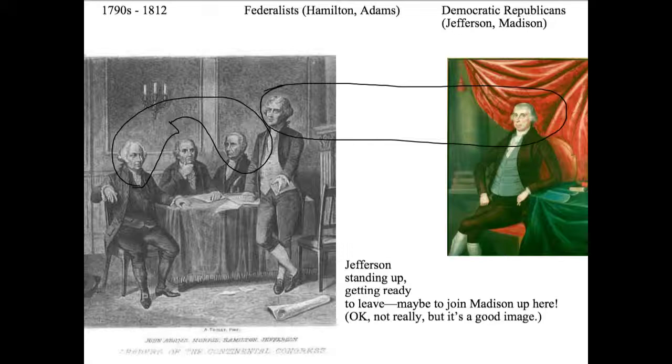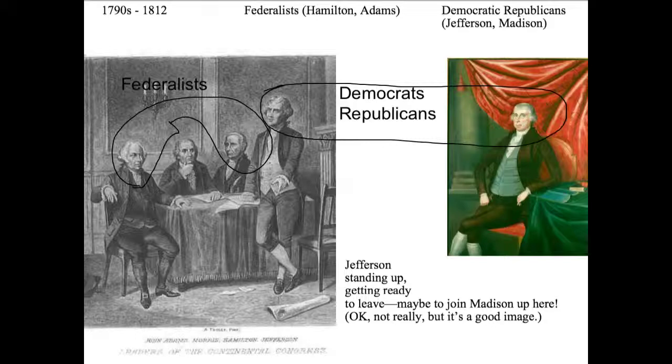So if you wanted a bigger federal government, you sided generally with the Federalists. If you wanted smaller government, you were likely to side with people like Jefferson and Madison, who called themselves the Democrats, or sometimes the Republicans.